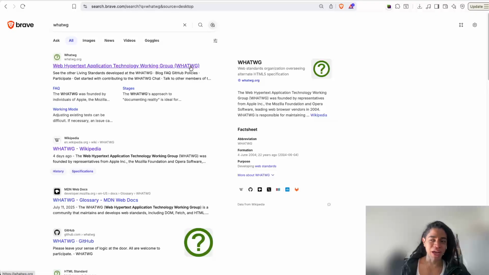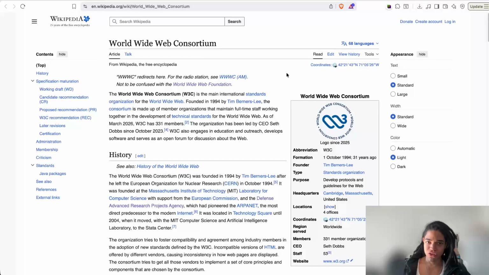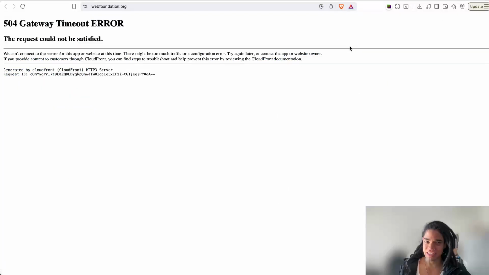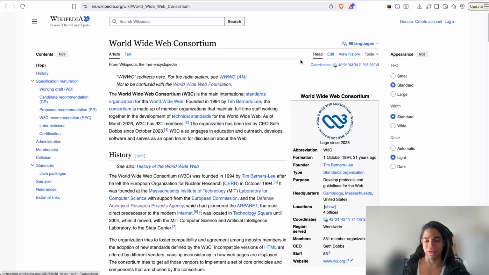Their members are part of Opera, Mozilla, Apple, and some of these major browser vendors.